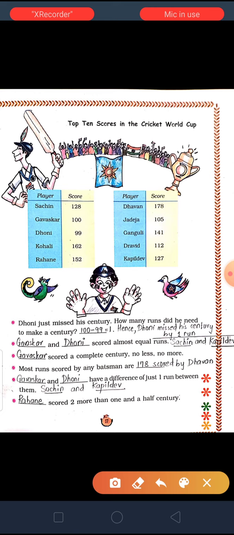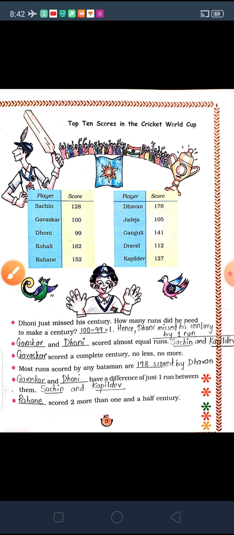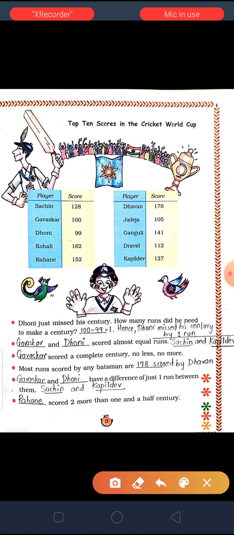As you can see in the scoreboard, 178 runs are the highest. So who made that? Dhawan. So the most runs scored by any batsman is 178, and Dhawan scored it.